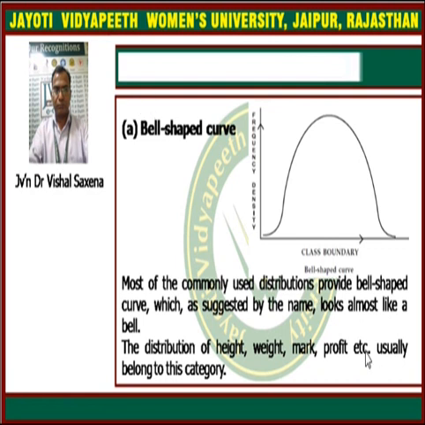Examples are the distributions of height, weight, marks, and profit, which usually belong to this category. Their distribution is called the bell-shaped curve.